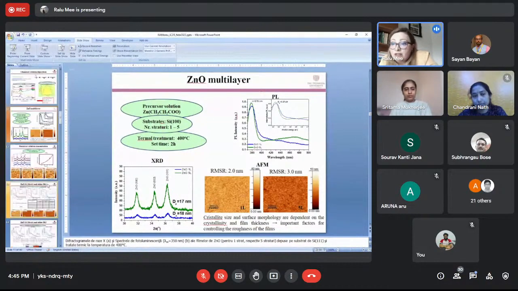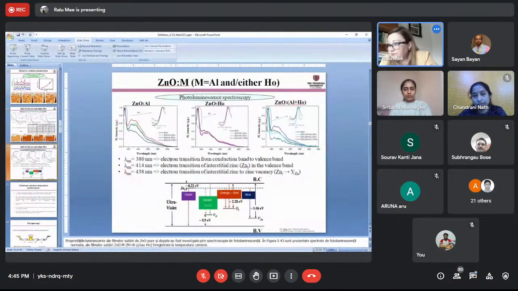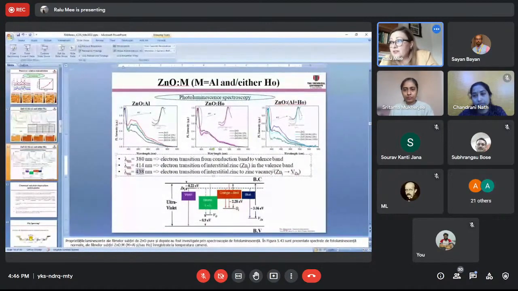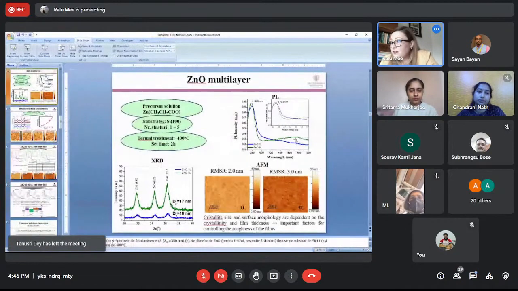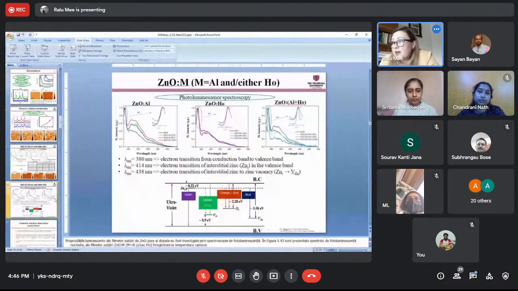And if we look at the 418, 380, 38 peaks, these defects, which we can observe somewhere here, are related to defects in the structure.